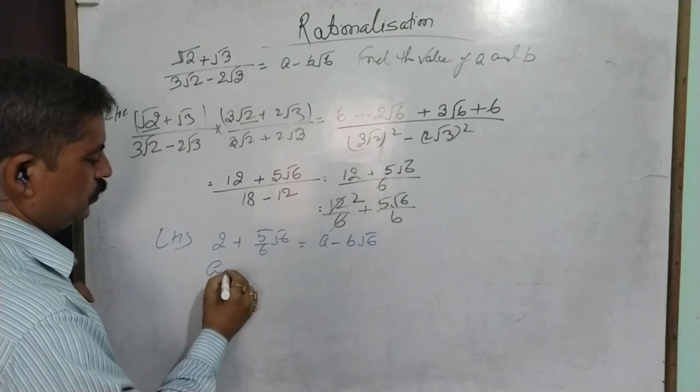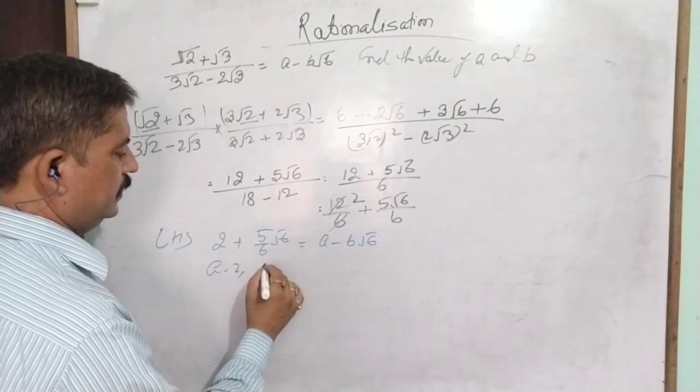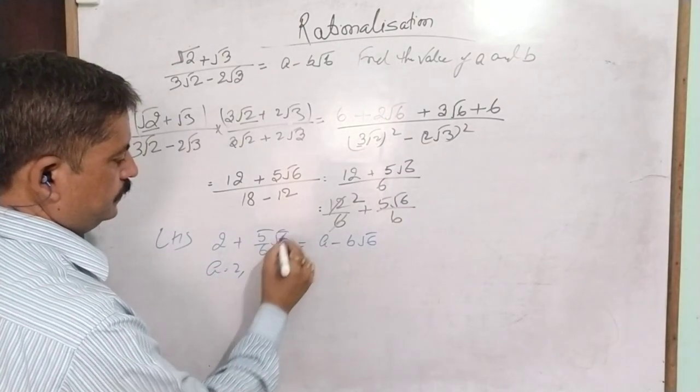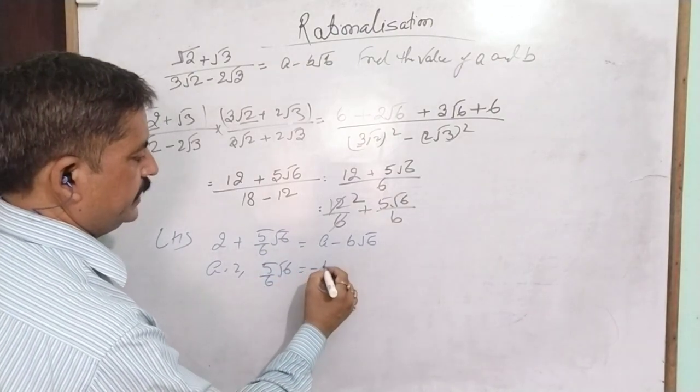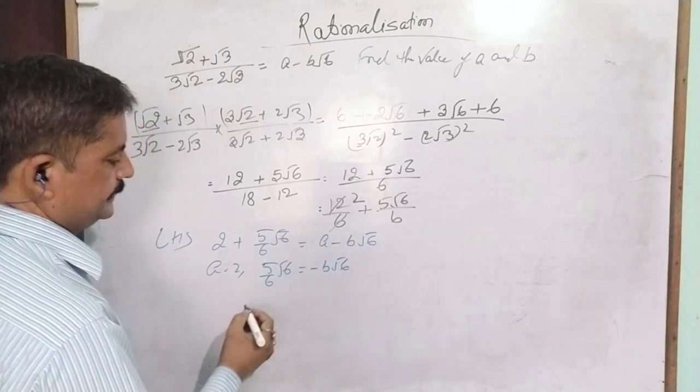So a is equal to 2 clearly. So b: 5 by 6 √6 equals minus b√6.